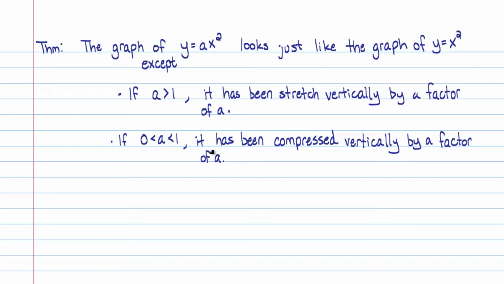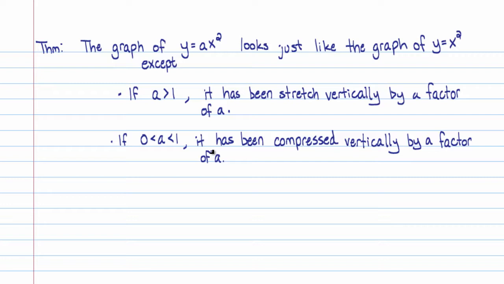Everything's 3 times taller. Likewise, if the number in front of the x squared, the coefficient of x squared, is a number between 0 and 1, and in the previous case we looked at, the coefficient was 1/3, then the graph has been compressed vertically. In other words, it has gotten closer to the x-axis by a factor of a.